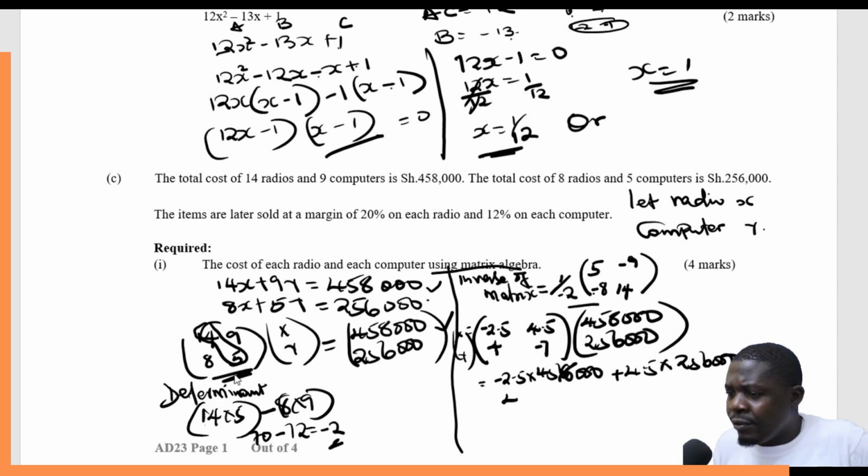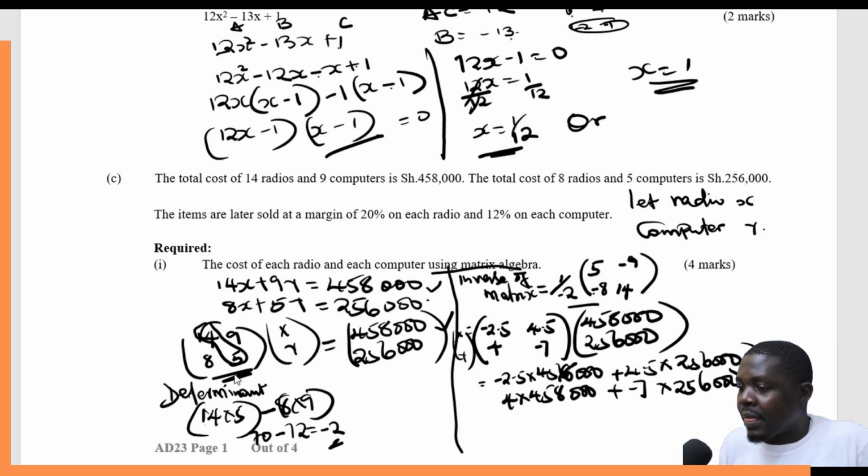And then here we have 4 multiplied by 458,000, plus negative 7 multiplied by 256,000. That gives x and y. If you just put it in a calculator, let's try and see.